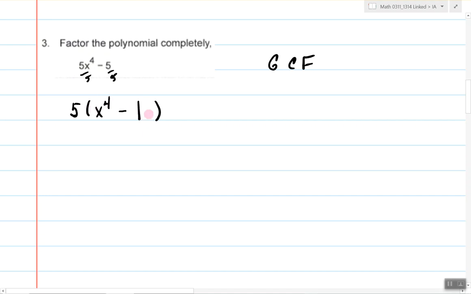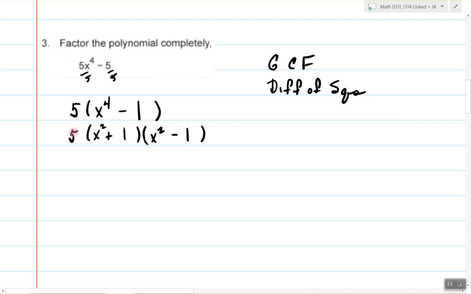So this is the difference of squares, abbreviated. So I'll keep the 5 and factor the difference of squares, 1 plus, 1 minus. The square root of x to the 4th is x squared. The square root of 1 is 1.